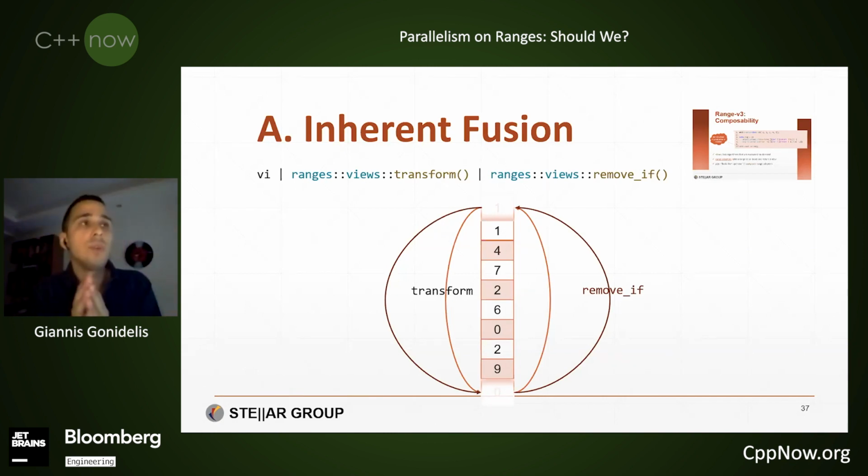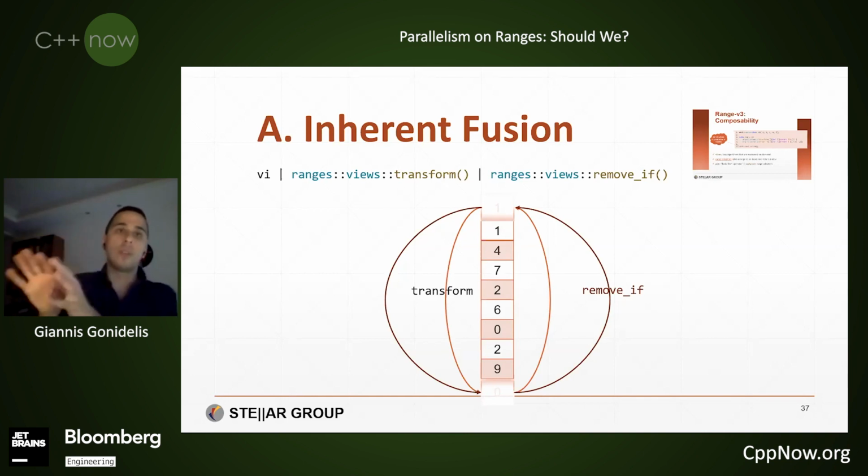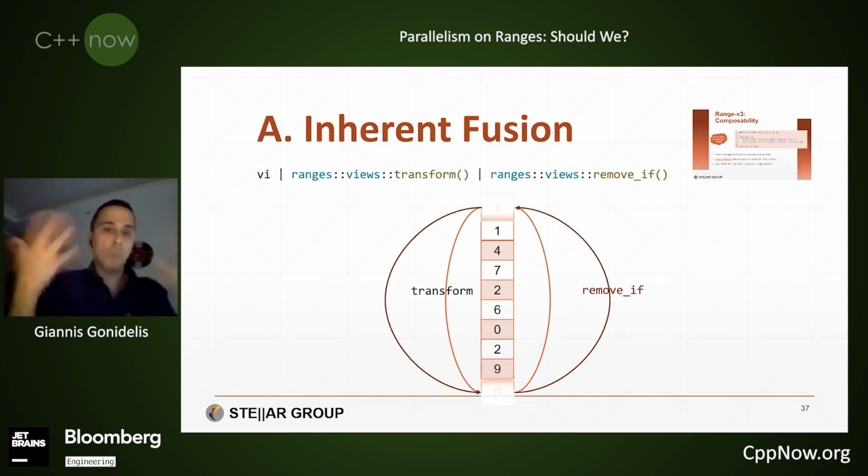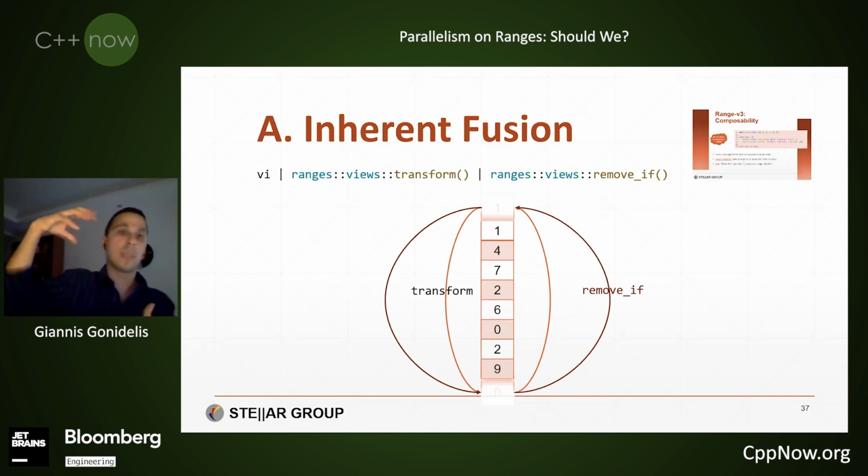But as I said, views are projections to the future, descriptions of your operations on the future. So they are actually applied only when you need your range. And since you are porting this range into an algorithm, you can't wait for the whole range to be calculated and then applied to the algorithm.